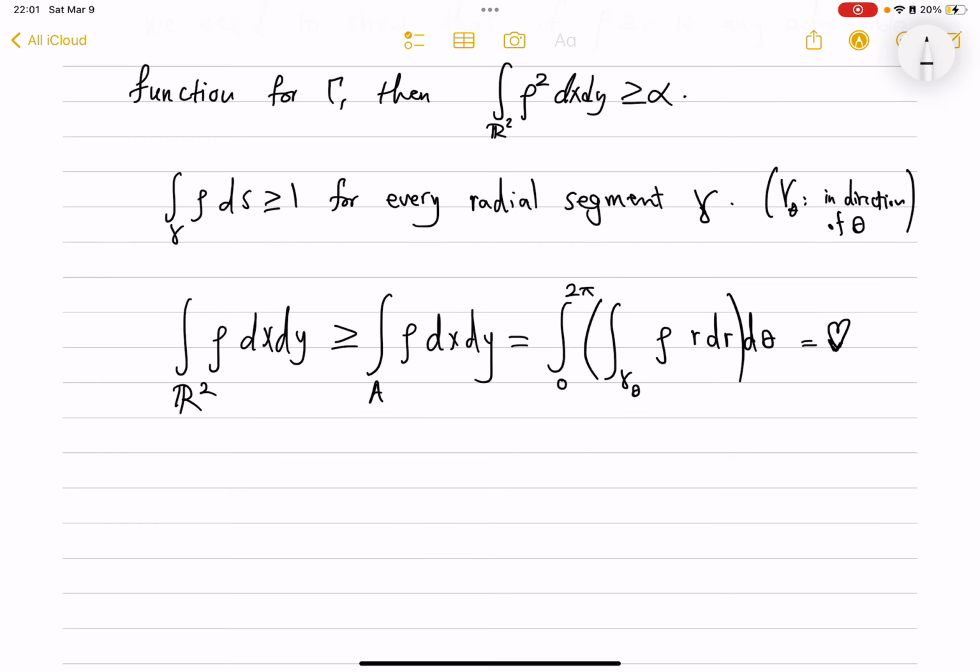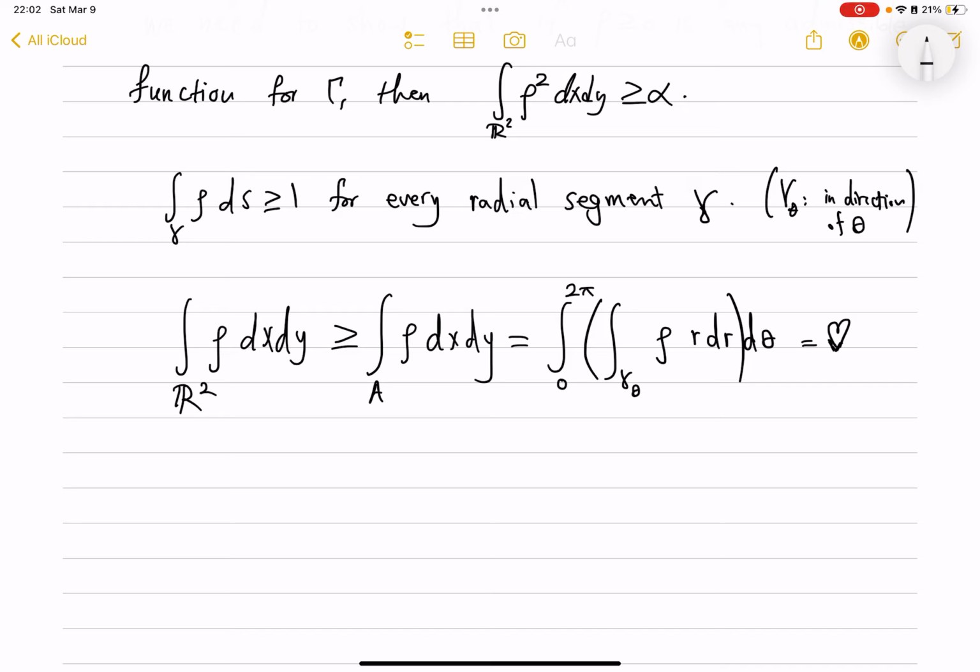So I want to find an estimate of this integral. However, I know that integration without this r factor is bigger than 1. The clever way to get a connection between such objects is the use of Hölder's inequality.